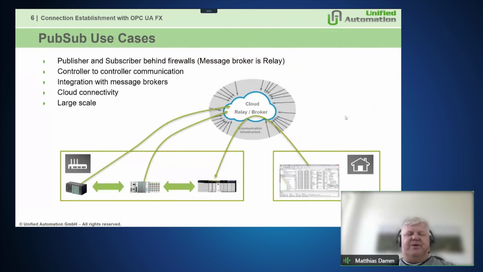One that we will talk about today is controller communication or device communication, to make very efficient cyclic communication possible. But there are many more use cases, like general integration into messaging systems, like MQTT message brokers, or in general to have many-to-many communication that scales in much bigger environments.